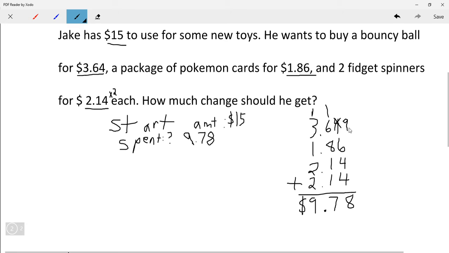Now, I should just mention, let's say that this number right here wasn't a 5, but it was a 9. I just want to mention this, although it's not necessarily relevant to this problem. If this was a 9, it would be 9 plus 6 equals 15, 4 plus 4 equals 8, 8 plus 15 would be 23, and in that case we would put a 3 here, and then we would actually carry the 2.